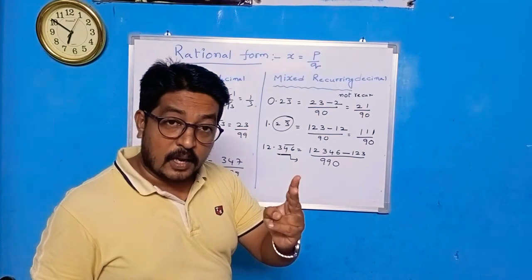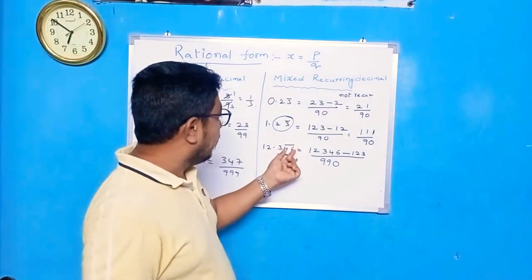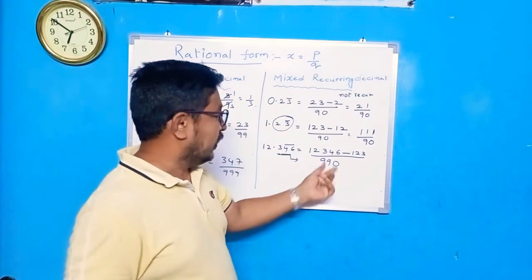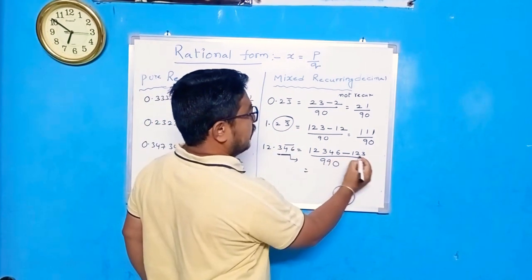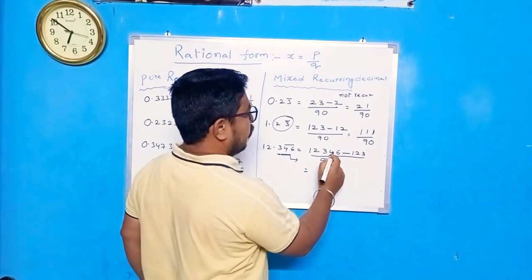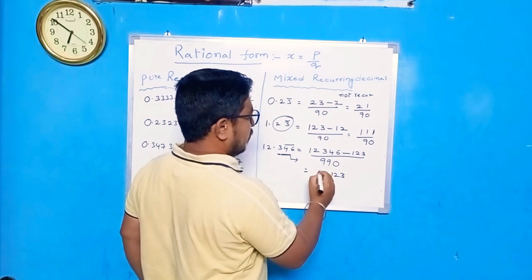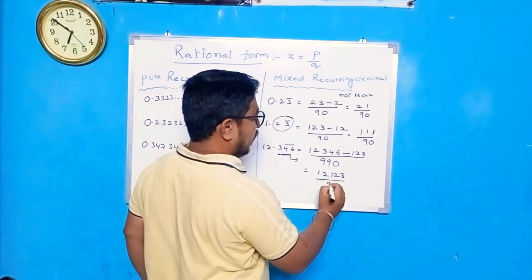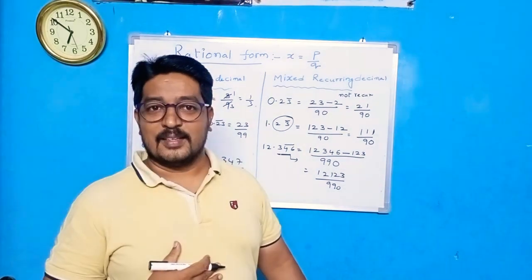Suppose 2 digits are not recurring, write 2 zeros. Recurring digits here 4 6, 2 digits, write 2 nines. That means subtract: 6 minus 3 is 3, 4 minus 2 is 2, 3 minus 1 is 2, 1 minus nothing is 1. That is 12223 by 990. This is the answer. Thank you very much.